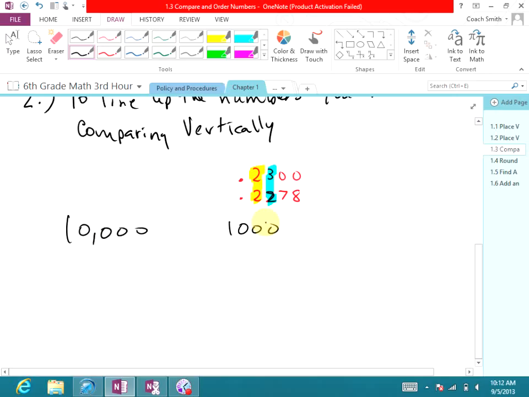The only way I can make sure they have the same amount of digits is put a 0 right there. You can't put a 0 at the end of a whole number like we did with the decimals. Obviously that even looks weird: 0,1,000. So when you're dealing with whole numbers, it's best just to line them up vertically, skip the first step, and not necessarily make them have the same amount of digits.